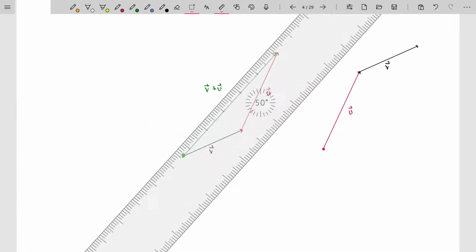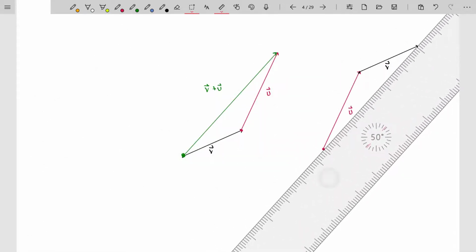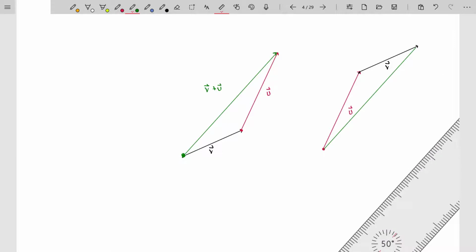Let's go ahead and see what that measures out to be. I'm going to use green here. And you will see that u plus v, the vectors, looks like the same vector as v plus u.